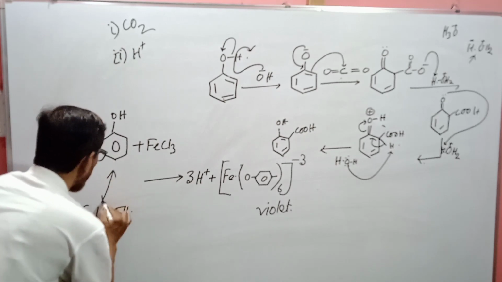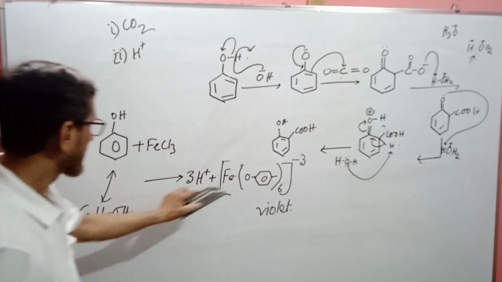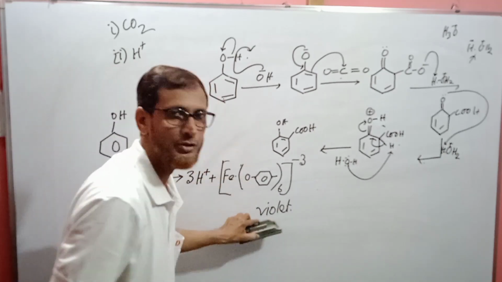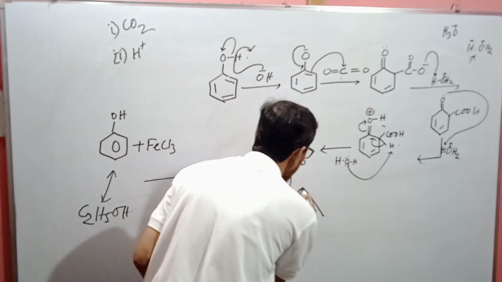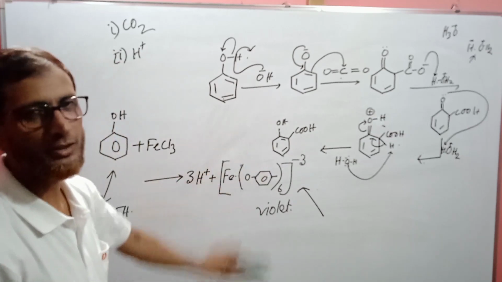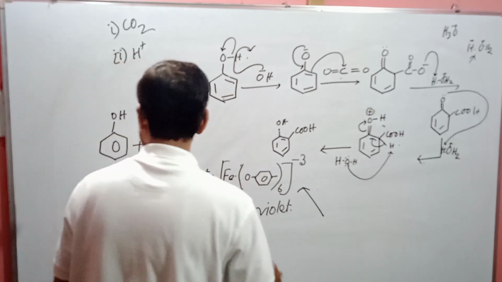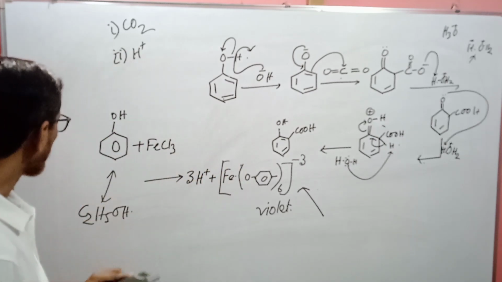Am I right? When you treat ferric chloride with phenol, it gives a violet color due to the formation of this complex. In entrance exams, the structure of the complex is asked. What is that complex? That's why I have shown you. And this is how we can distinguish phenol from alcohol.